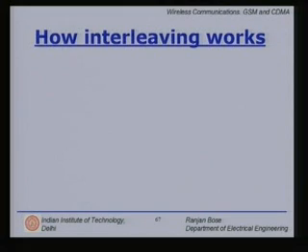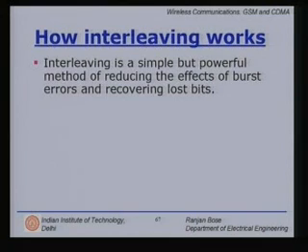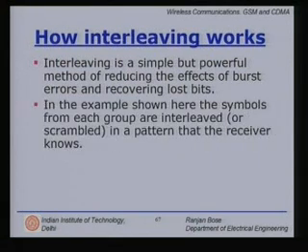Now, let us talk about interleaving. Interleaving is a simple yet powerful method of reducing the effects of burst errors and recovering lost bits. So, in the example here, the symbols from each group are interleaved or scrambled in a pattern that the receiver knows. A very simple way is to have a lot of memory.